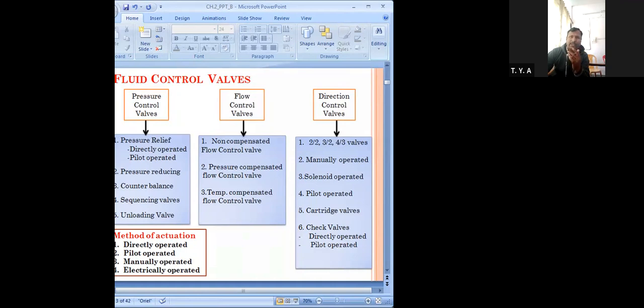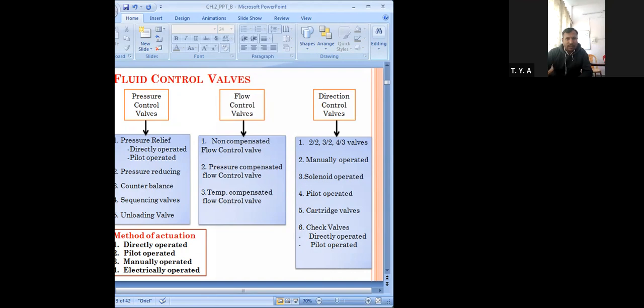Then pilot operated, cartridge valves, then check valve. In the check valve, we are going to see directly operated and pilot operated. So these are the subtypes of the direction control valve.